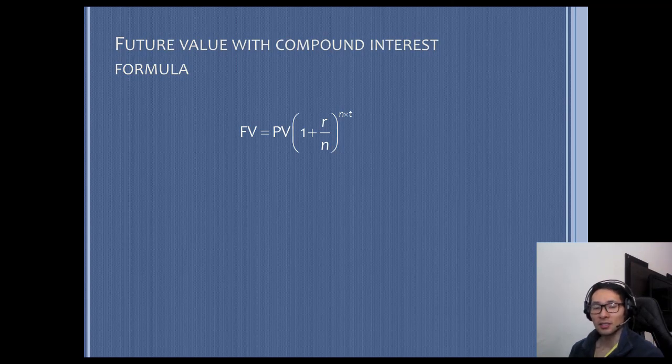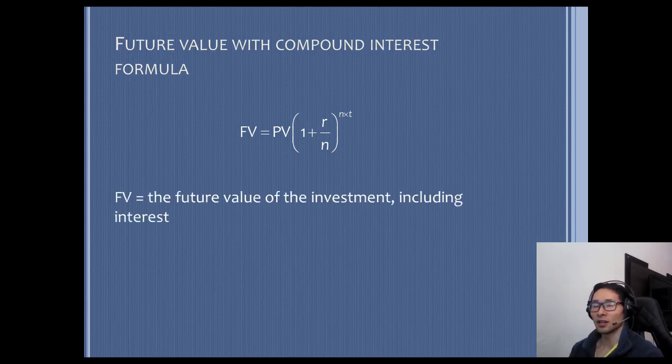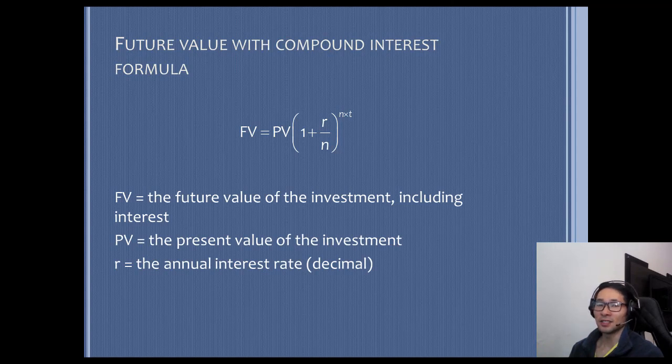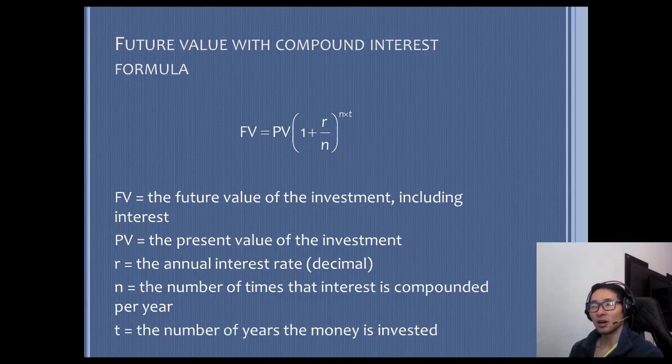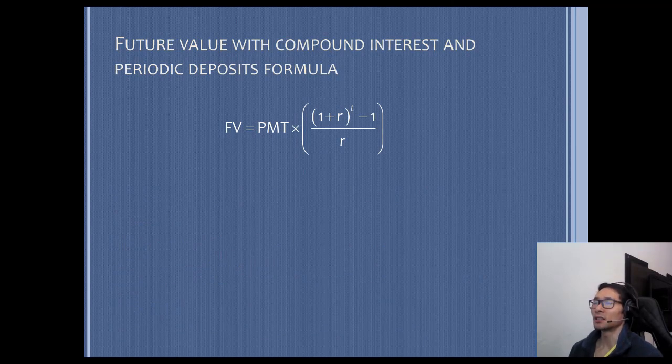This formula tells us that the future value of a current investment equals the amount invested right now times 1 plus the return rate of our investments divided by the number of periods that return rate is compounded throughout the year, to the power of the amount of years we keep this investment times the number of times the interest is compounded per year.